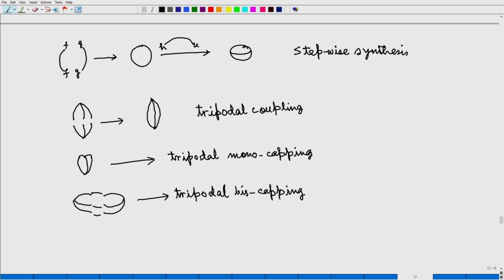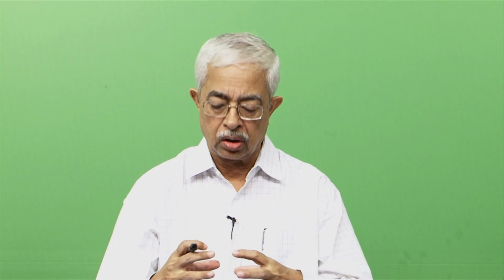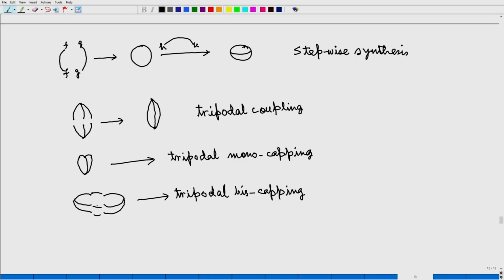With tripodal monocapping, you can get a very rigid kind of cryptands, and with tripodal bis capping you can get cryptands with a very large, or rather long, cavity. By large I mean long. We can get up to say 24 angstrom also. So, the cavity can be really long, because these linear spacers we can vary.